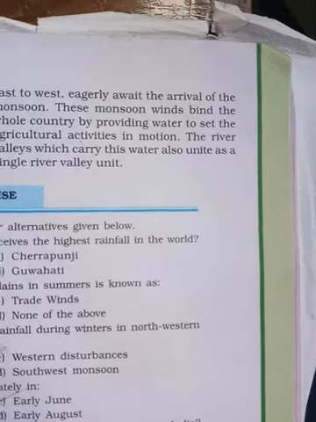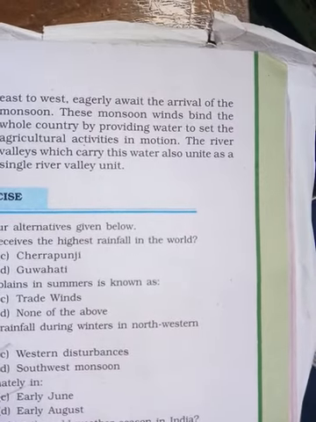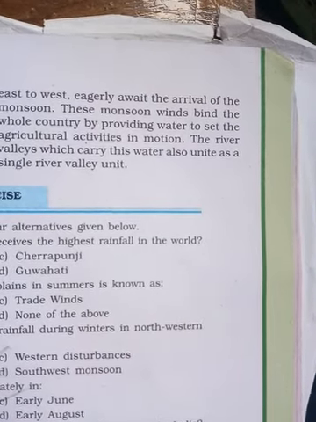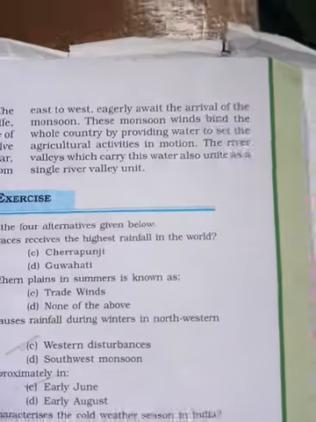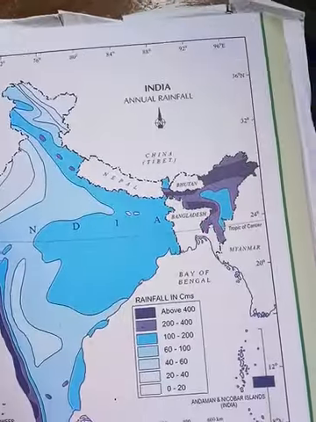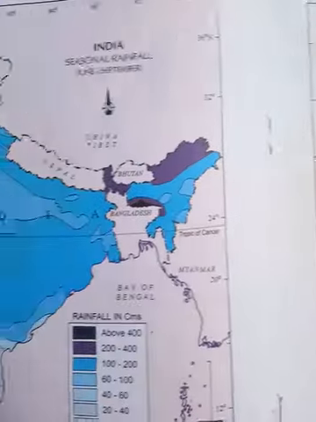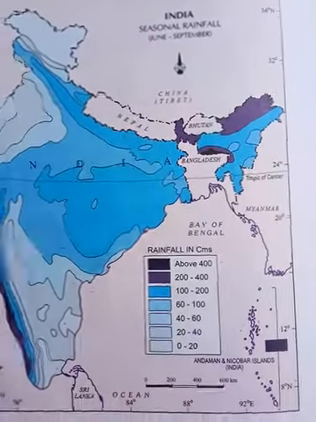Before that, their agricultural activities were fully dependent on the monsoon. So look here, this climate shows the seasonal rainfall.